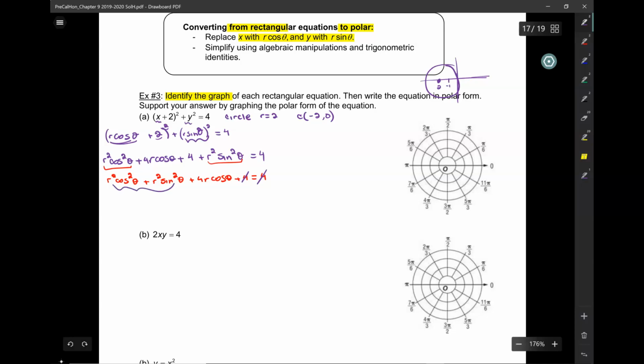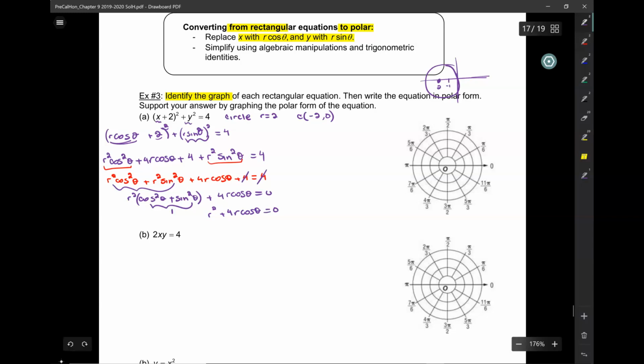From here, can I take out an r squared? Of course I can. Cosine squared theta plus sine squared theta. You can already see what's happening. What is cosine squared theta plus sine squared theta? That's just a 1. So here I have r squared times 1 plus 4r cosine theta is equal to 0.